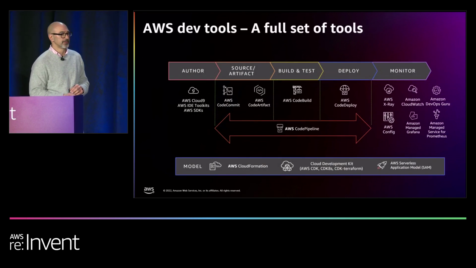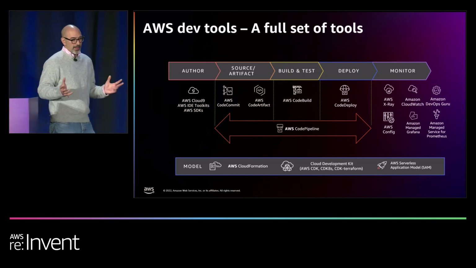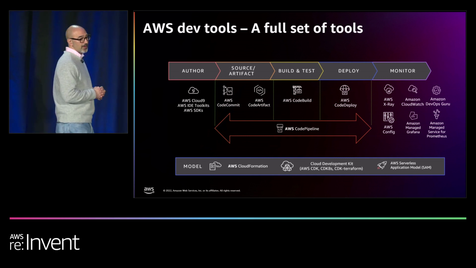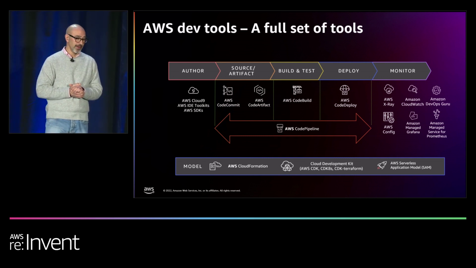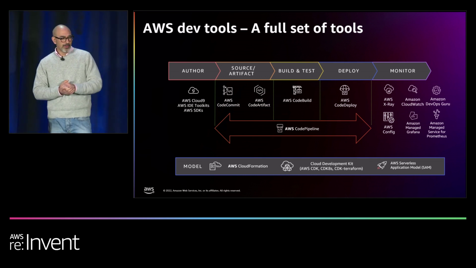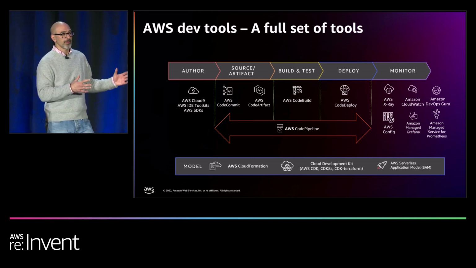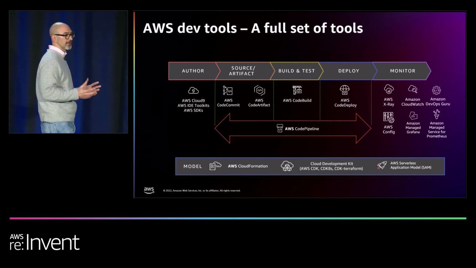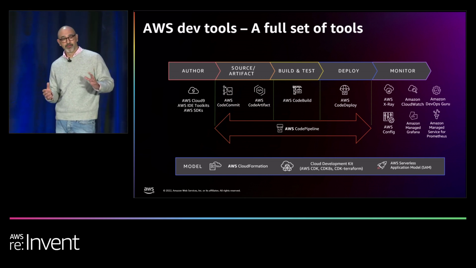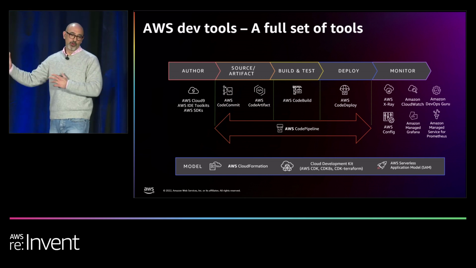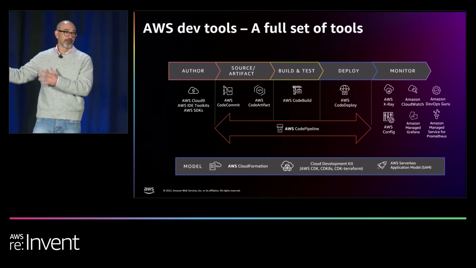I want to take you on a tour of history here a little bit. As many of you seem to know, we have a set of dev tools already in AWS. These go from left to right on this slide: the code authoring experience, which is Cloud9, the IDE toolkits, if you have those installed in your IDE, the SDKs, all the way towards deployment, through CodeCommit, CodeArtifact, CodeBuild, CodeDeploy.